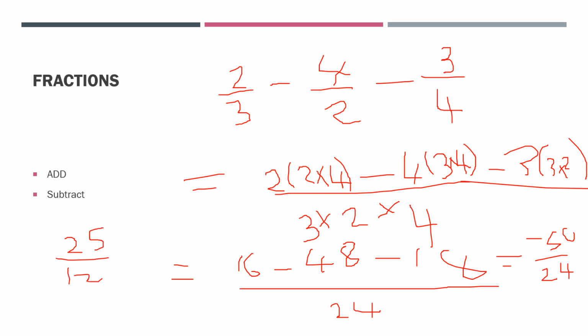Okay, you divide both things by 2, it's going to be 25 over 12. You are dividing by 2 here because you can see both the numbers are even, so 2 can go into 50, 2 can also go into 24. So your negative 50 divided by 2 is going to be 25. And then now you can say 24 divided by 2 is going to be 12. And then this will be our answer.